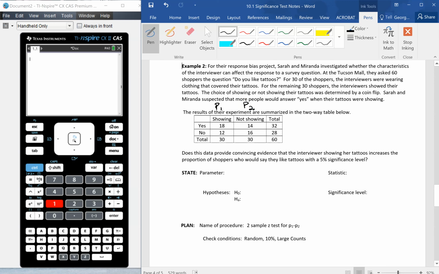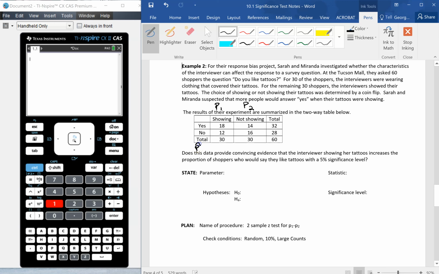And we know our number of successes. That's the entry in the yes row, actually, for both of those. And then we know our totals, our n's, because they're both 30. So the only thing we don't know is our P hat 1 and P hat 2.